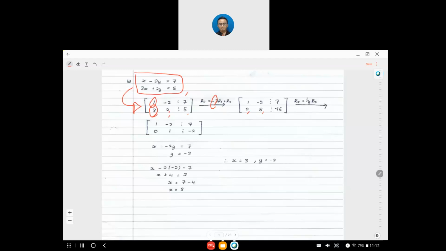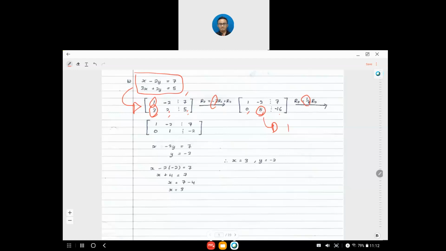And then the last one is also the same thing. -3 times 7 is -21. -21 plus 5 equals -16. Then you must change this value of 8 to 1 because of the back substitution method. How do you change it? The only way is to multiply by 1 over 8.